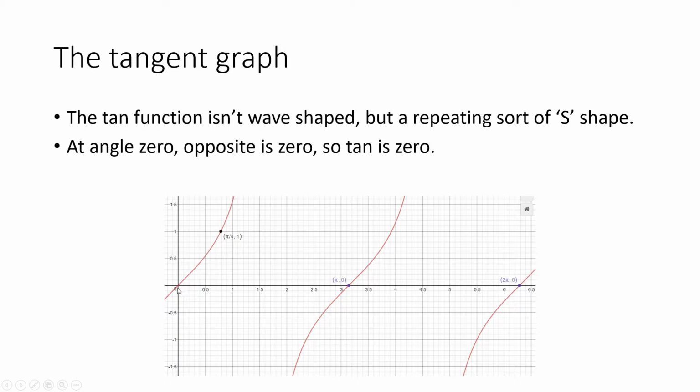And at a certain point as we're going around the circle, eventually it's going to reach the y-axis. And at that point, for tangent, if you try and divide y by x, and x is 0, you can't really divide by 0.